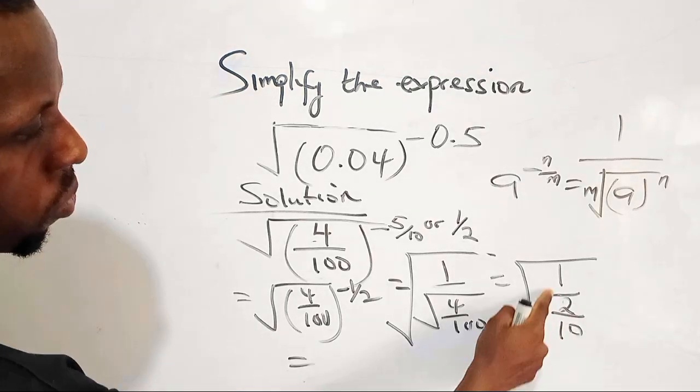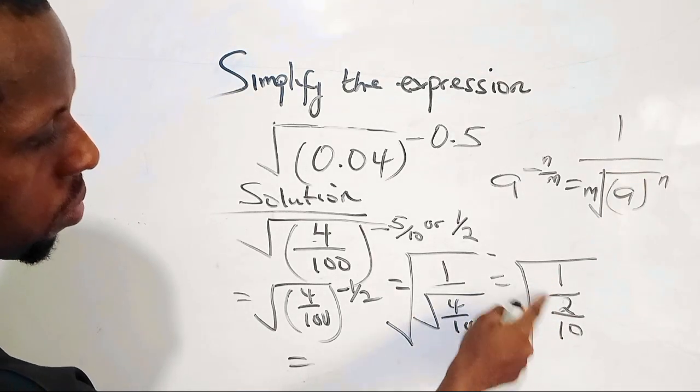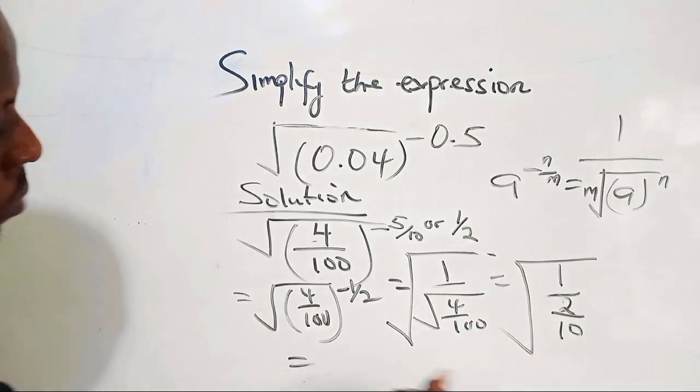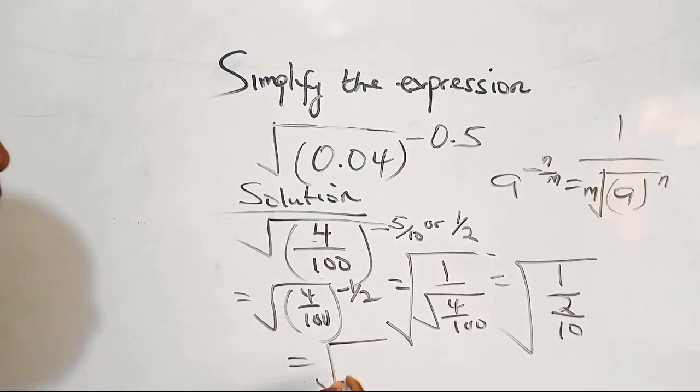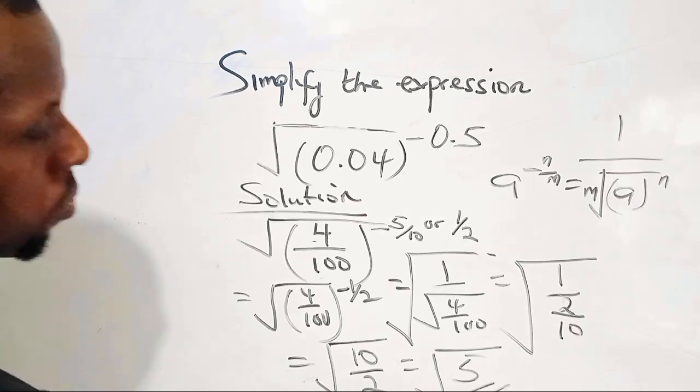By having 1 here, I look for the inverse of this. 10 must come in, 2 will come down, so I have a square root of 10 over 2 because of this one. So I have a square root of 10 divided by 2, I have root 5.